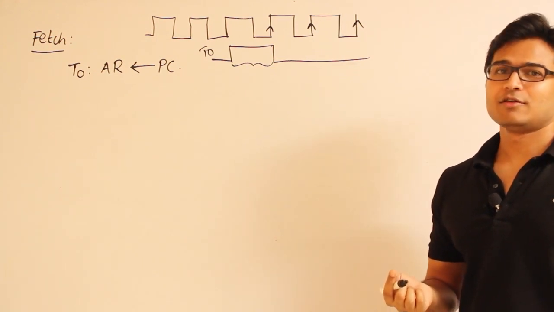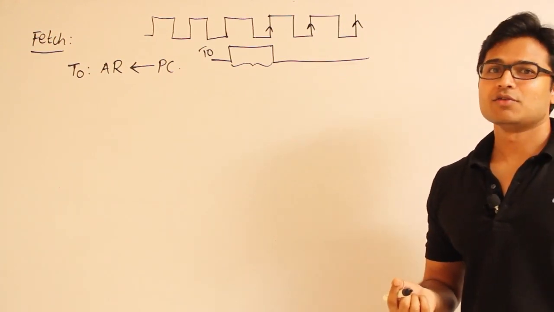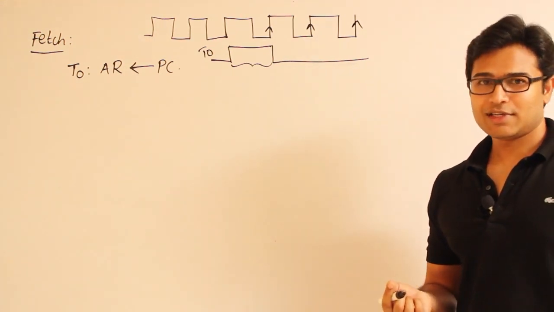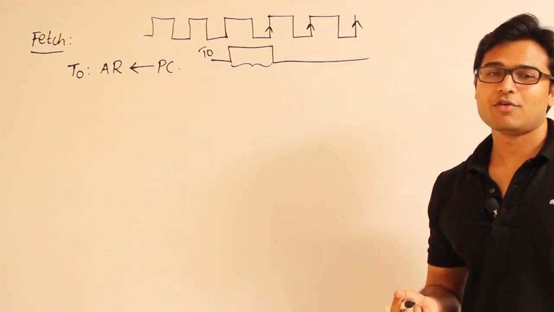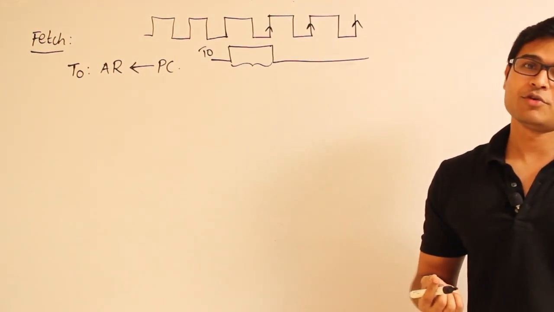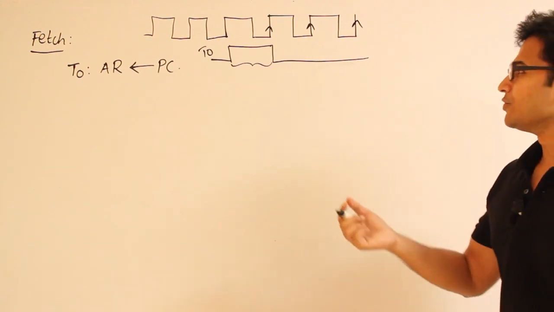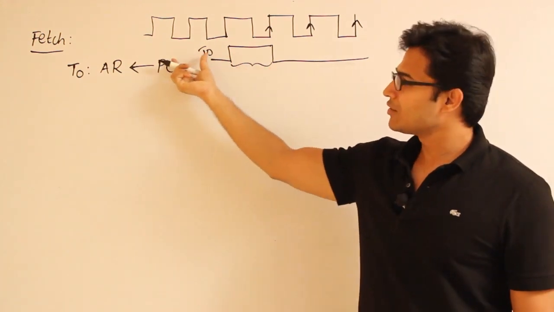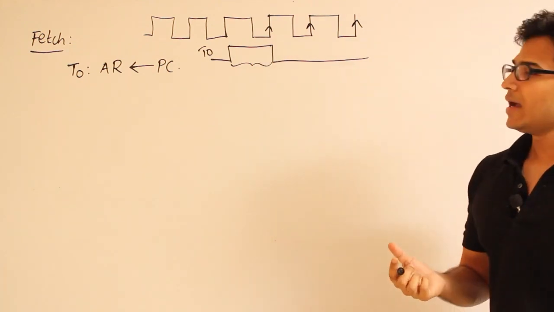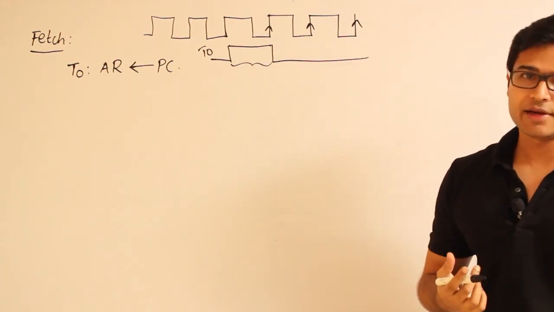It doesn't mean that before that point there is no time. If you assume that the universe started at some point and you count from day one, it doesn't mean there are no days before day one. So before this T0 there were many clocks, but we start counting from here, and with reference to this we do all the other activities.